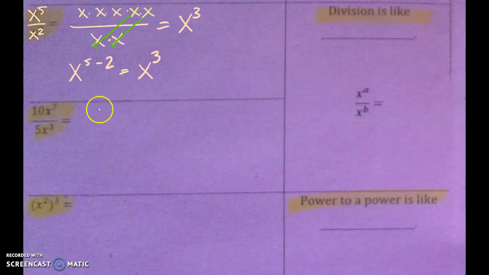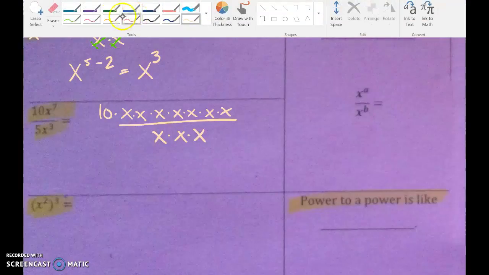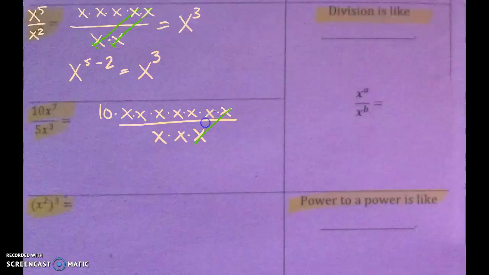If we look at another example with coefficients, we have 10 times x 7 times over 2 times x 3 times. Again, we do our canceling out. So 1, 2, those 3 cancel out.